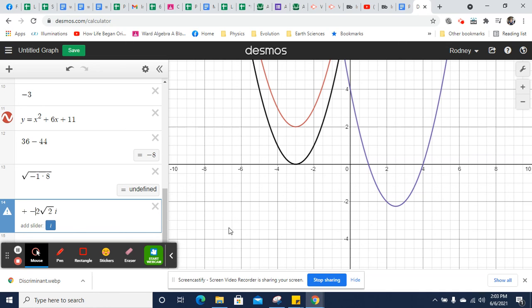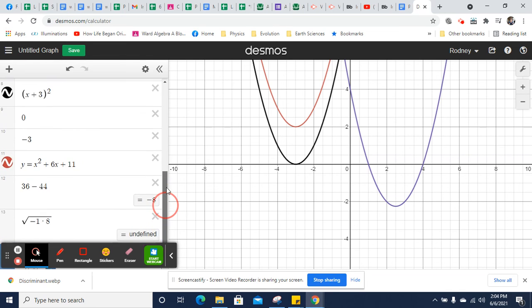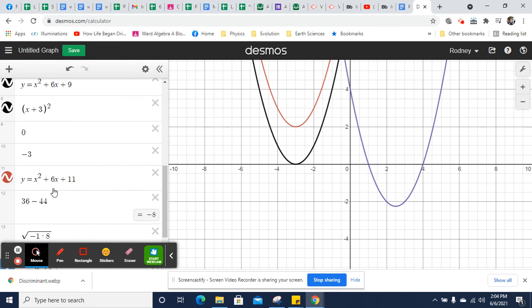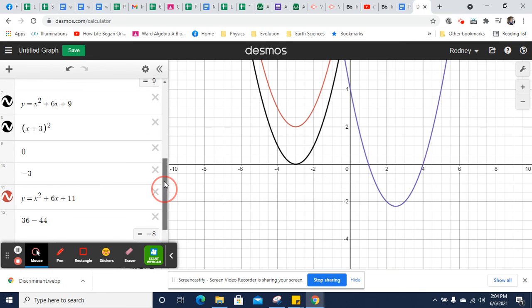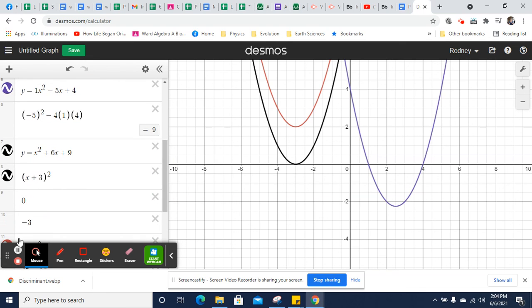And if you squared 2 root 2 times i, you would end up with negative 8. But that goes into the so-called complex imaginary system, which is an exciting opportunity for you. But that is what it is. I hope that was helpful for you. The bottom line is, if the discriminant is negative, you'll have no real solutions.